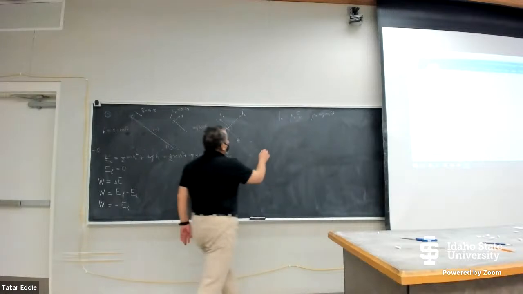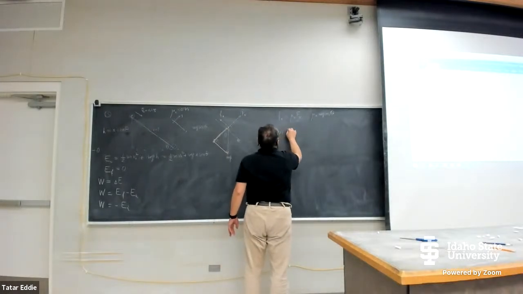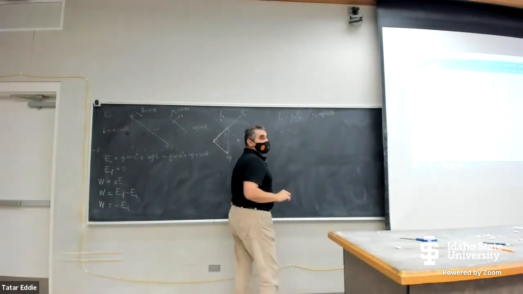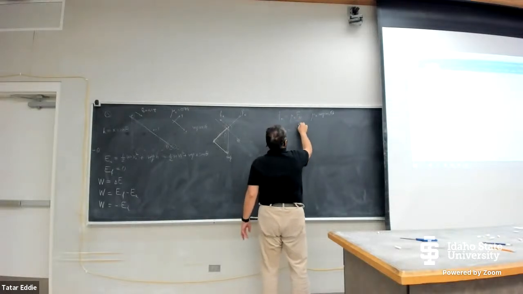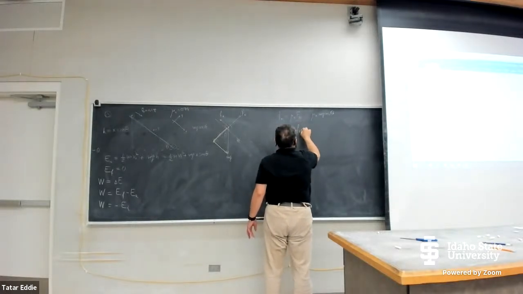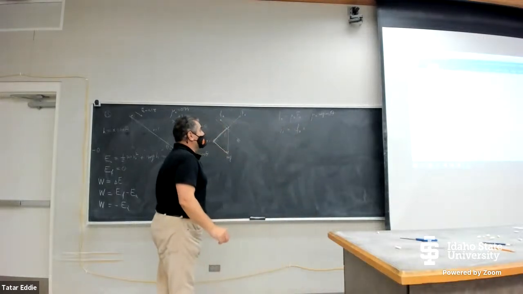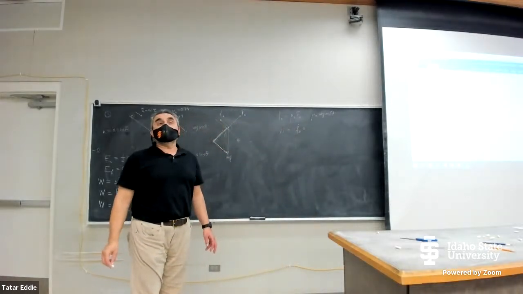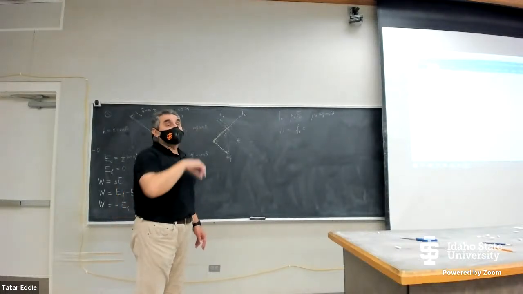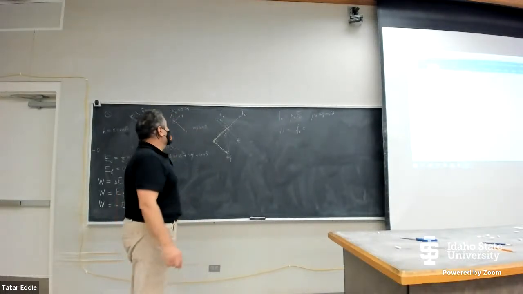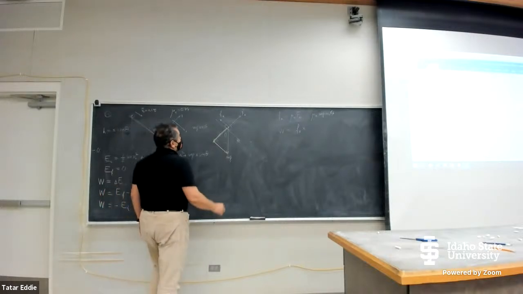The work done by the friction force is, by definition, the magnitude of the friction force times the magnitude of displacement, times the cosine of the angle between the displacement vector and the friction force vector. The displacement is what we're looking for.